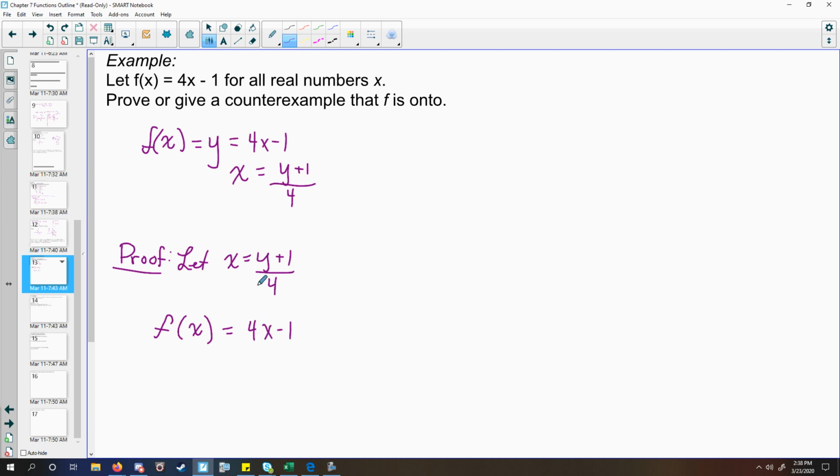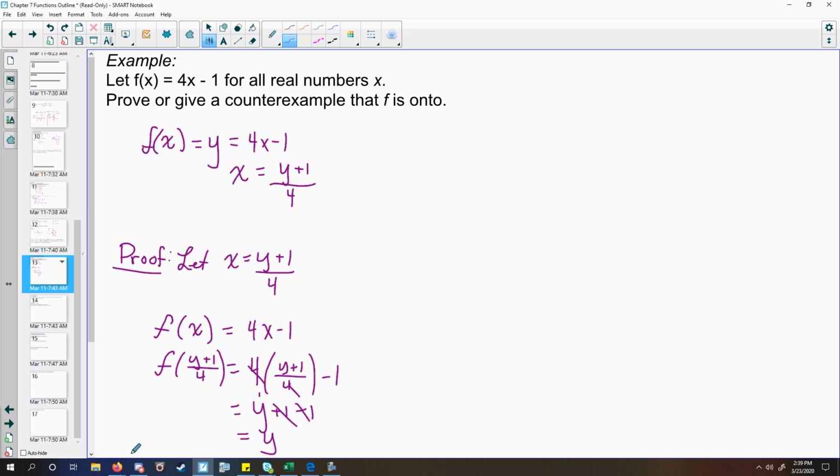Since x is equal to this, we're going to substitute. So let's look at f of y plus 1 over 4. So here we have 4 times y plus 1 over 4 minus 1. Our 4's cancel, so that's equal to y plus 1 minus 1. The 1's cancel, so we've shown that this is equal to y.